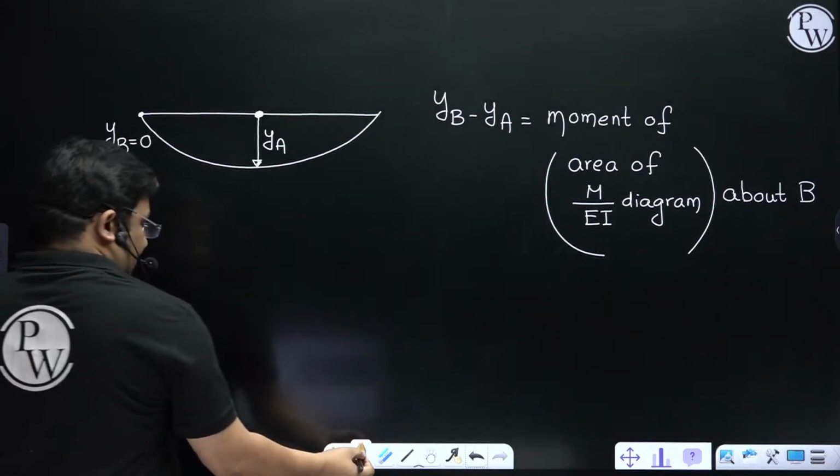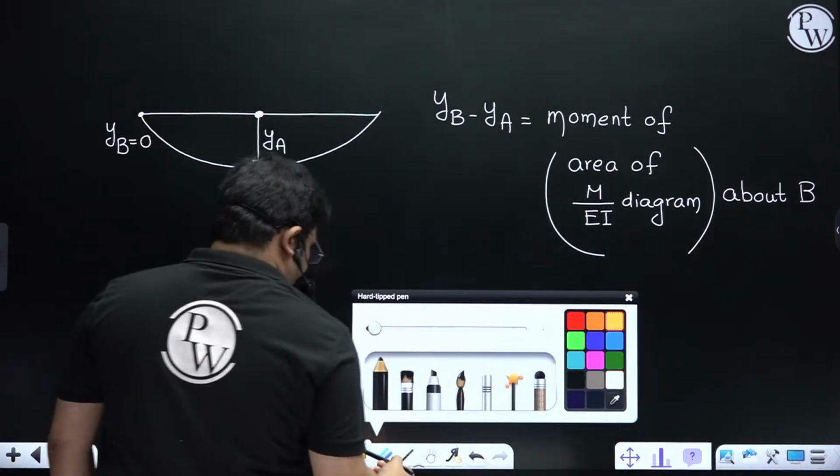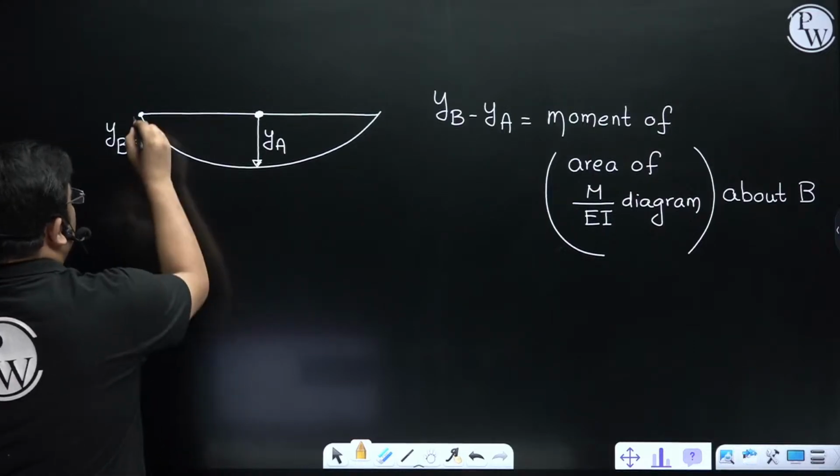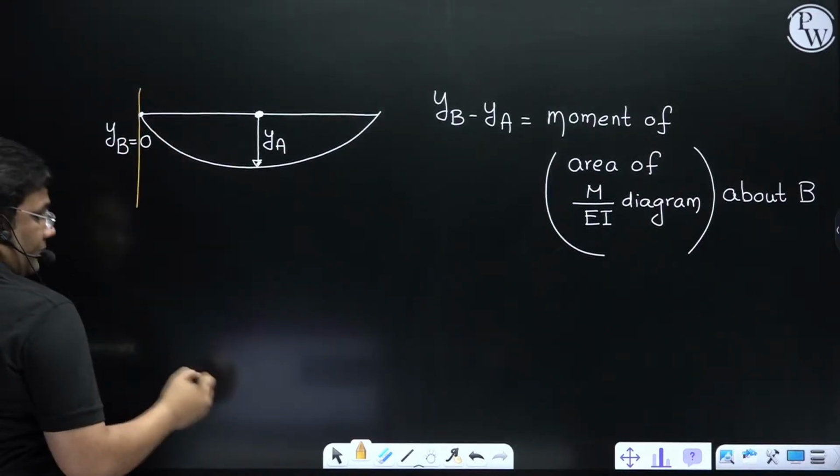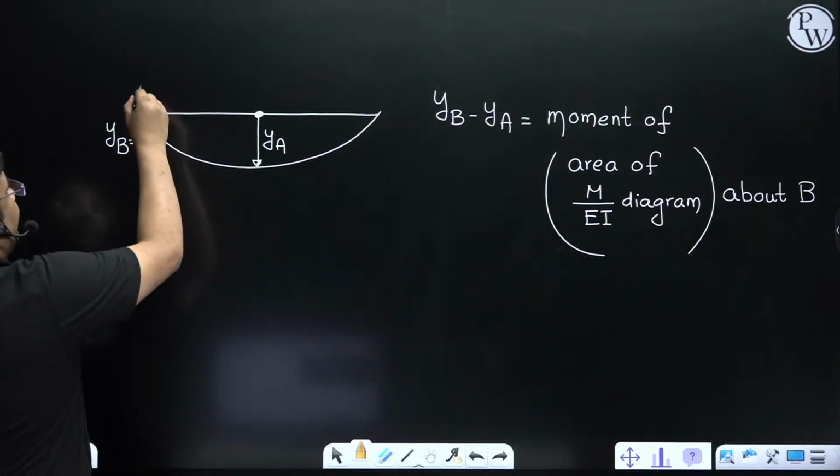So let me draw this bending moment diagram. I will draw it only between A and B.